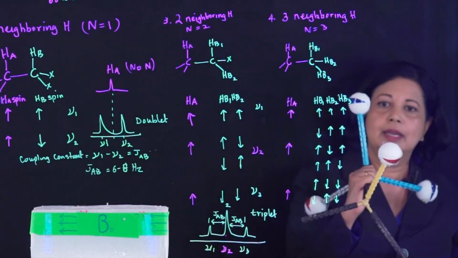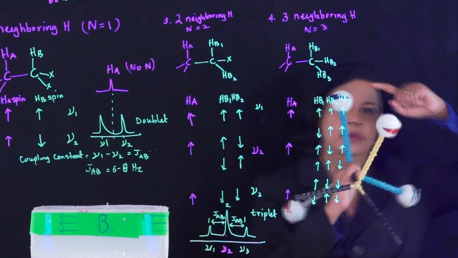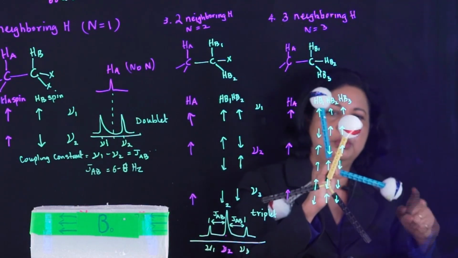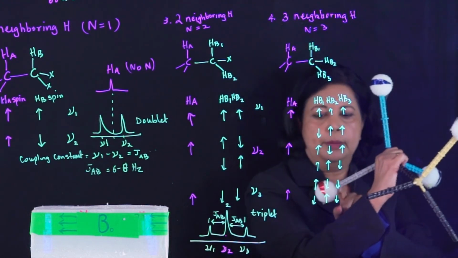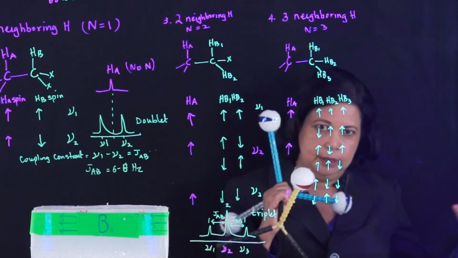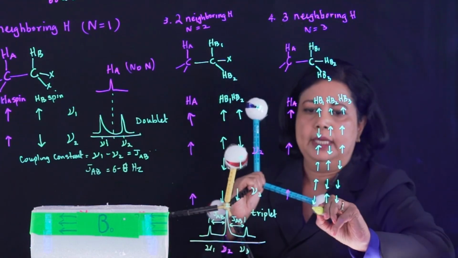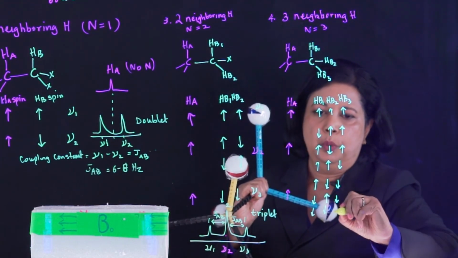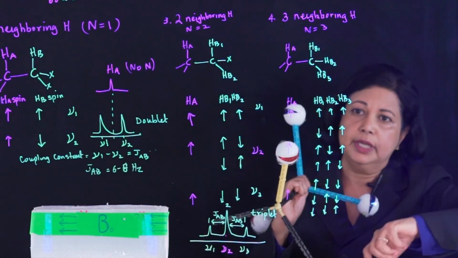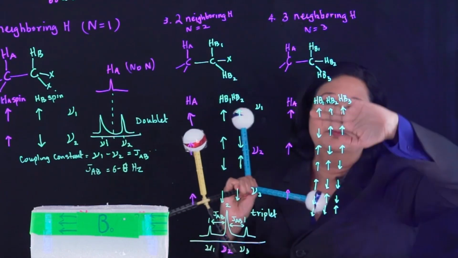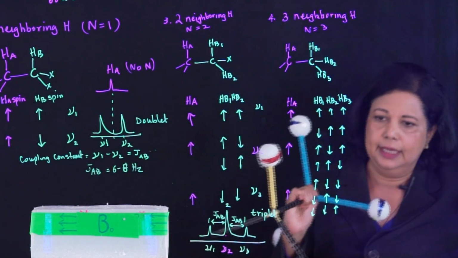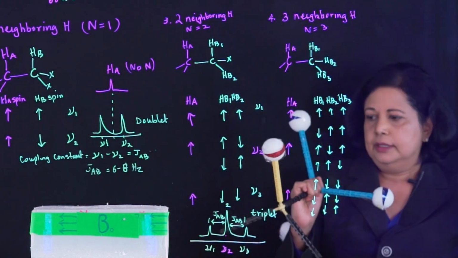So we can see that HB1 and HB2 are in the opposite direction, and at that particular moment in time HB3 is in the same direction. So we can have a situation where you have this kind of arrangement. Now the probability of having this is 3 times more than having this. Okay, now let's look at another situation.